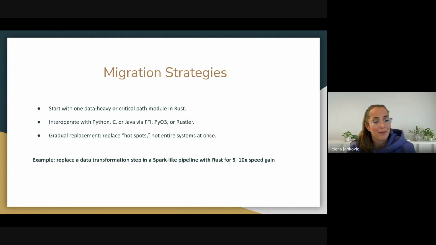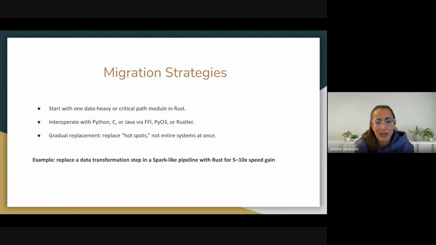Then as well, if you're thinking about different migration strategies, or you have some code written in some other programming language and you question how you can bridge it to Rust, or rewrite some parts of it in Rust for optimizations, then usually the suggestion is that you should start with one data-heavy or critical path module in Rust. It is called stepwise replacement.